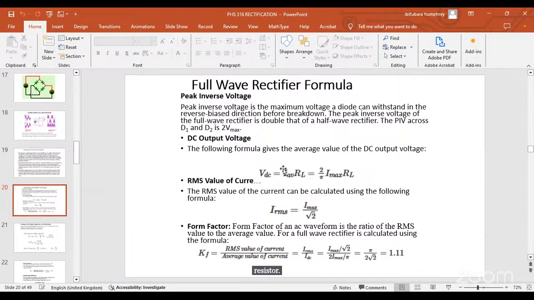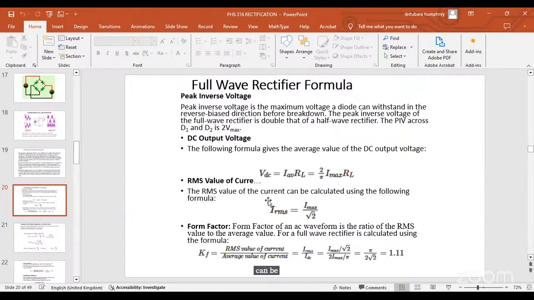And of course, the average current is 2 Imax over pi. That is the formula for average current. For average voltage, it is 2 Vmax over pi.